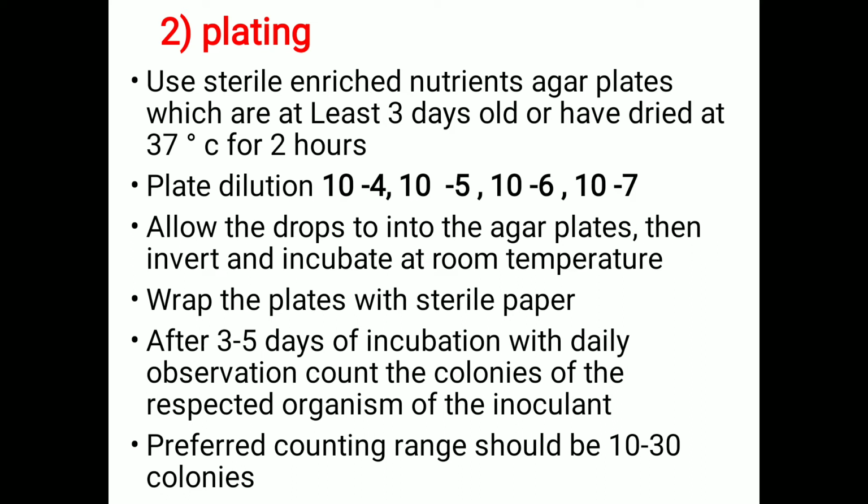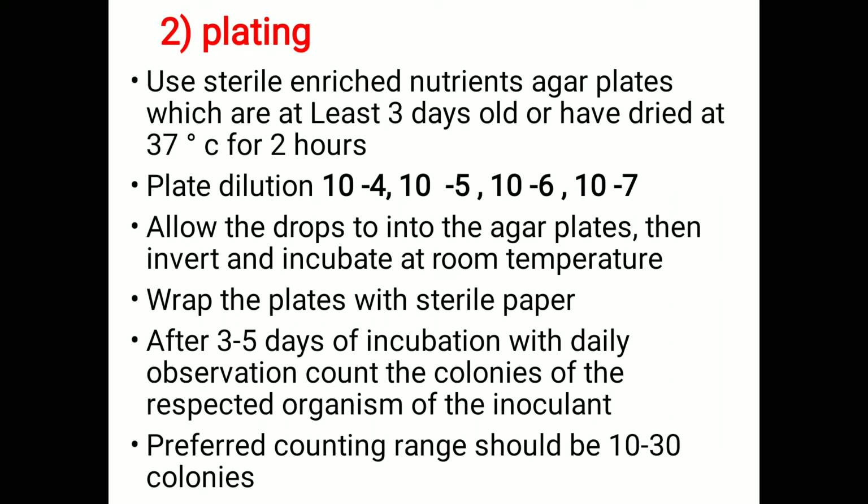Then for plating, use sterile enriched nutrient agar plates, which are at least 3 days old or have been dried at 37 degrees Celsius for 2 hours. Plate dilutions are done at 10 raised to minus 4, minus 5, minus 6, and minus 7. After that, allow the drops onto the agar plates, then invert and incubate at room temperature.